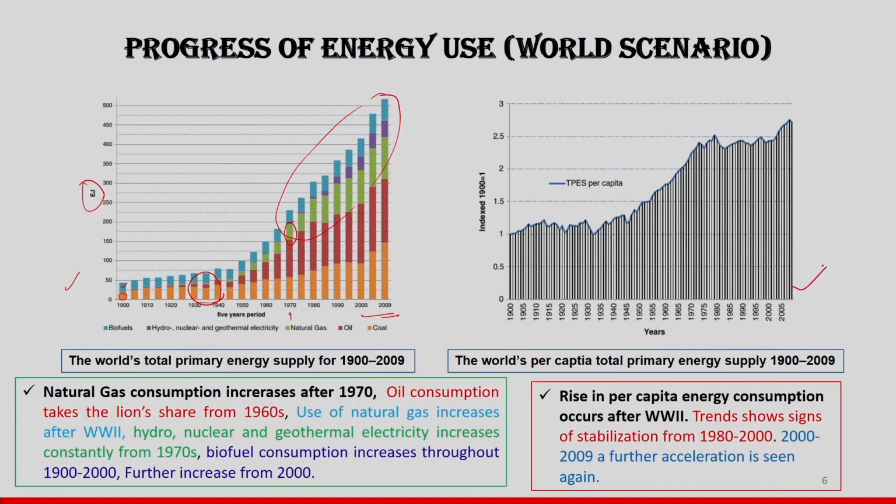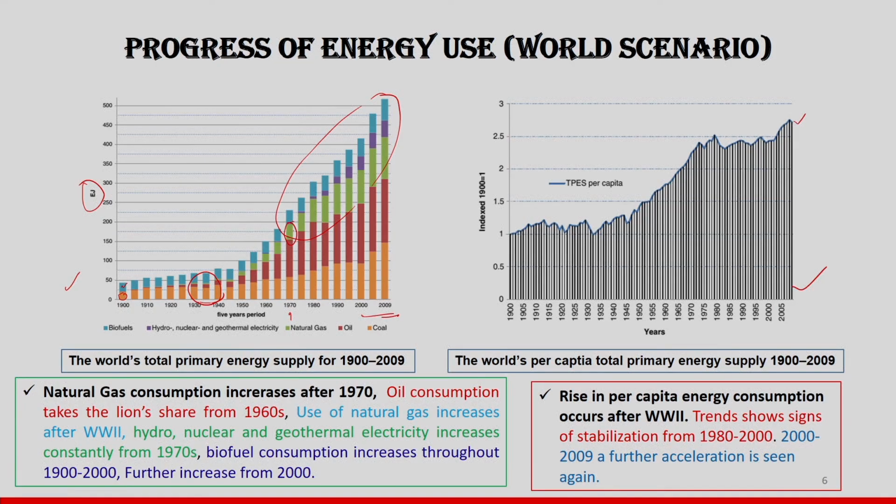This figure shows the world's per capita total primary energy supply from 1900 to 2009. As you can see here, this is almost a flat curve, and then after World War II there is a rise in total primary energy supply, which continuously increases till the 1980s. Then from the 1980s to 2000 it is again almost constant, with some fluctuations, and then after 2000 there is again a rise in total primary energy supply.